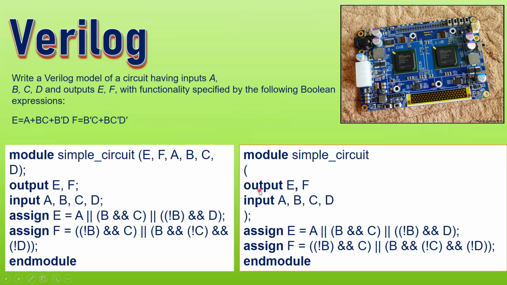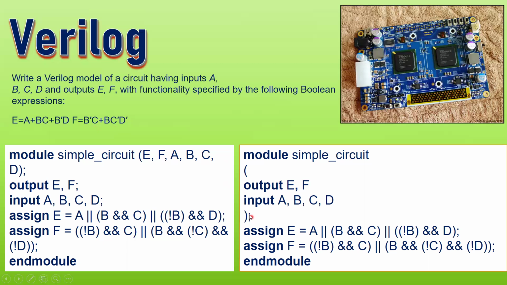I have defined these output ports, E and F, as my output variables, and A, B, C, D as my input variables. As you can see in our previous module, we said A, B, C, D are my inputs and E and F are my outputs, and accordingly I have to write code for this Boolean expression E equals and F equals.